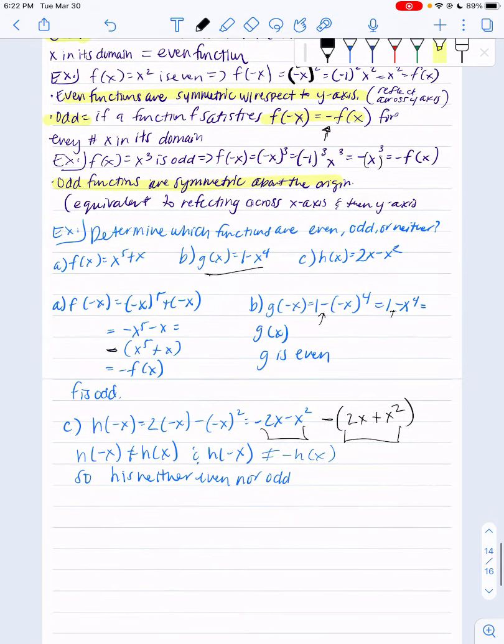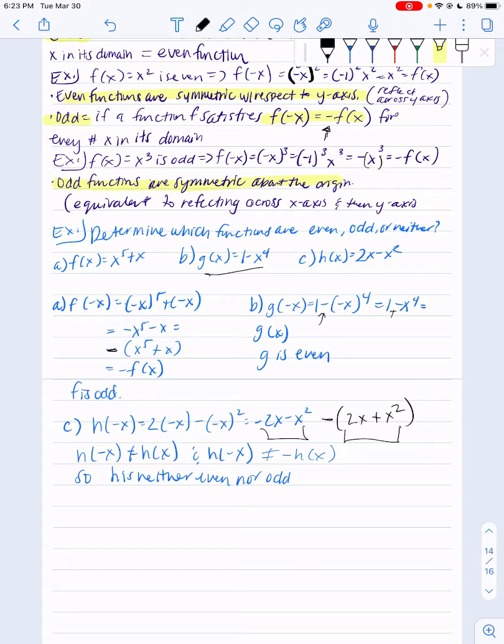Okay, so for example, we're going to do a quick little example to see which functions are even, odd, or neither, if it's not the original function or if it's not the negative version of my original function. So I have f of x equals x to the 5th plus x. So I go ahead and plug in a negative x there.